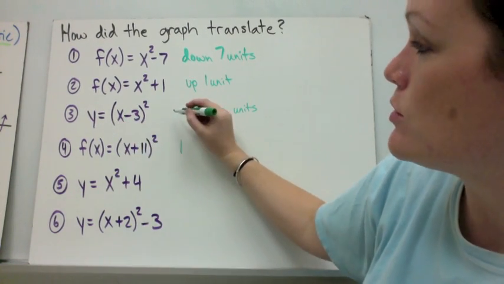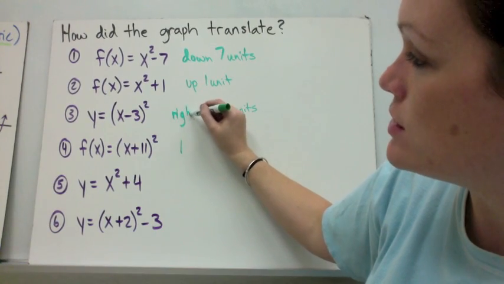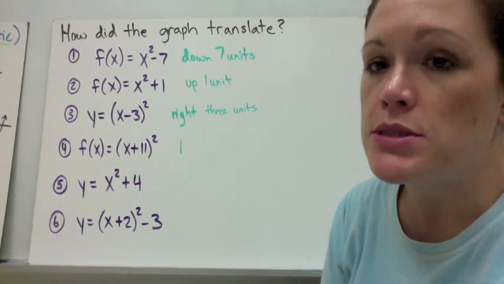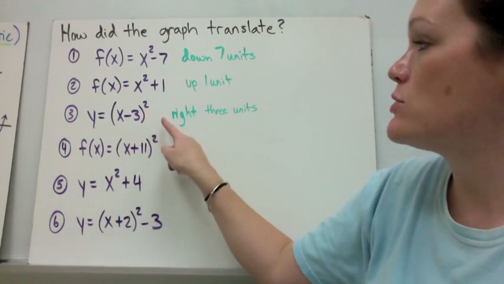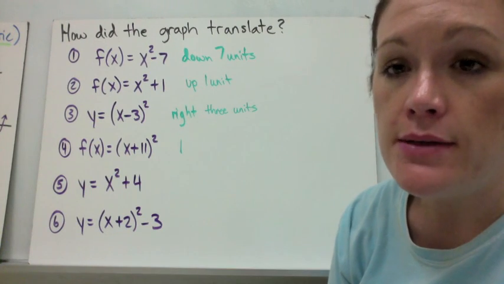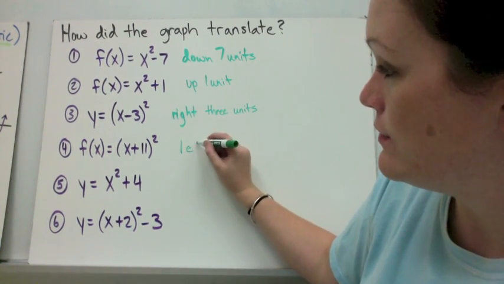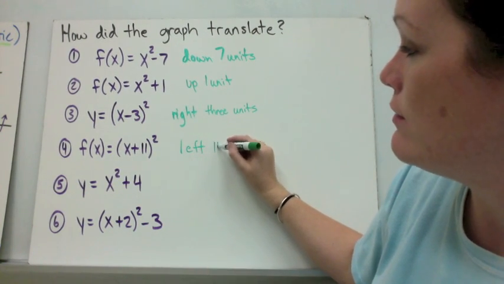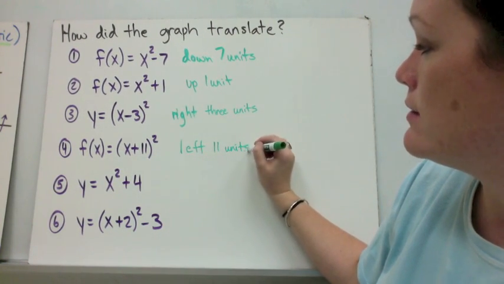X minus 3, we need to go back, would be to the right, because minus makes me think of left, but in the grouping symbol, it's the opposite. So x minus 3, I needed to say it was right 3 units. X plus 11 would be to the left, because positive we normally think would go with the right, but it's going to go with the left, 11 units.